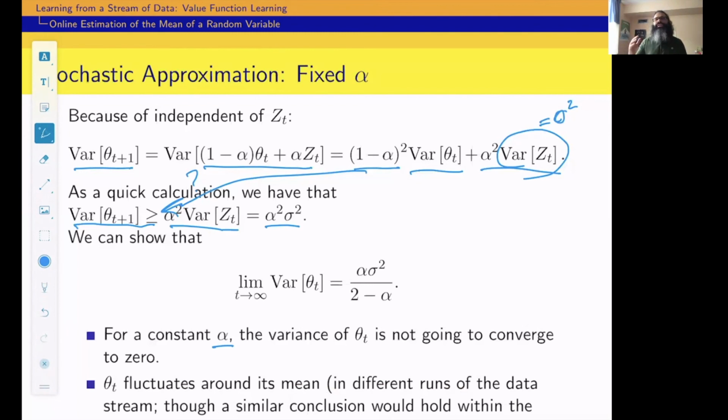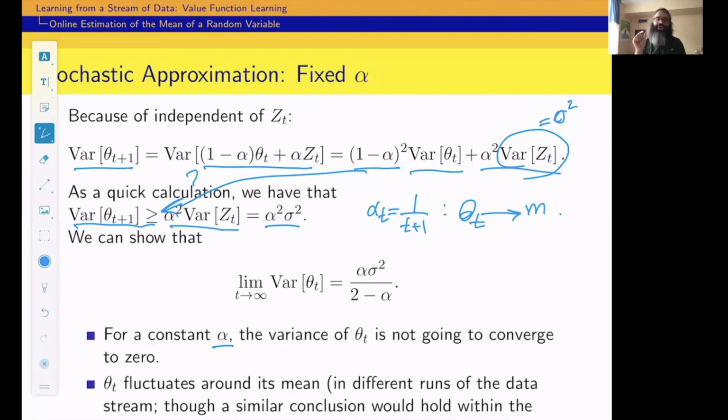This is different from the case when we used the sample mean, where alpha t was 1 over t plus 1. You recall that in that case, theta t converges to m almost surely, which means that eventually there wouldn't be any variance at the end.